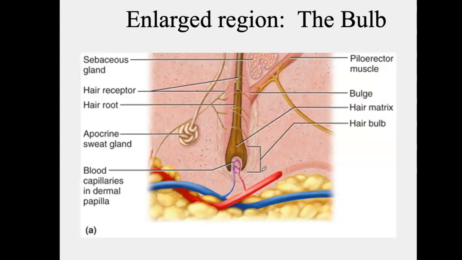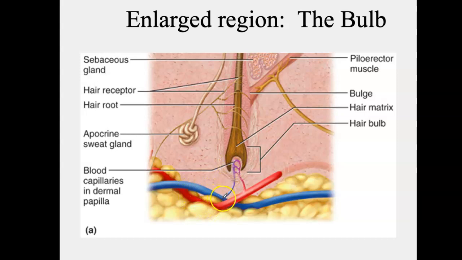Okay, so let's look at a hair inserted into the dermis. We tend to have a sebaceous gland close to it because you want to keep it nice and oily. You want to lubricate that hair, not have it dry out. This hair is coming all the way down here, and notice the artery and the vein.